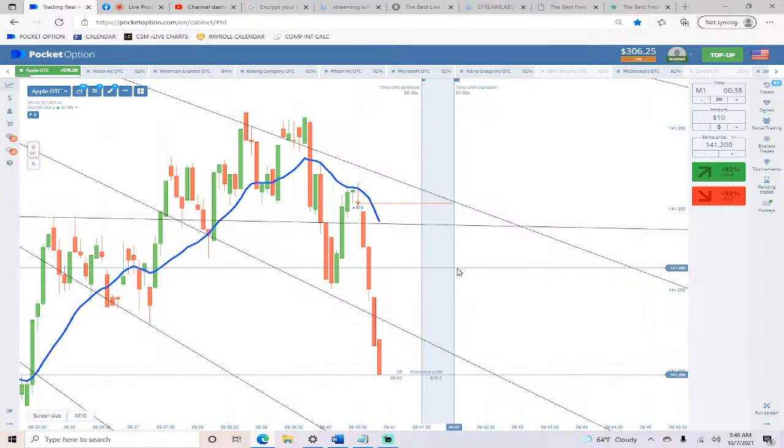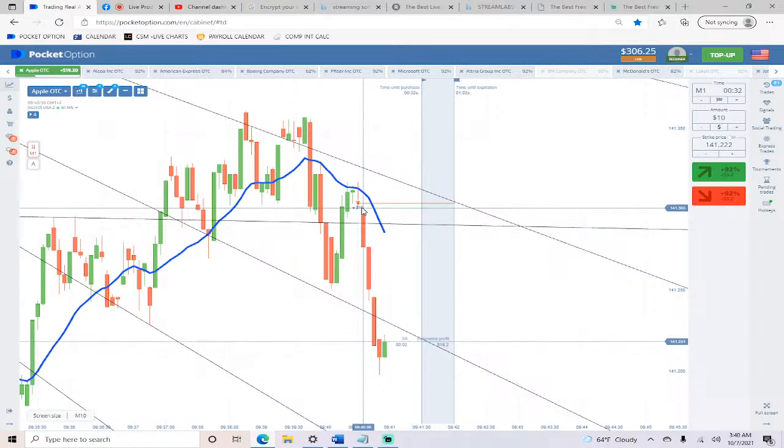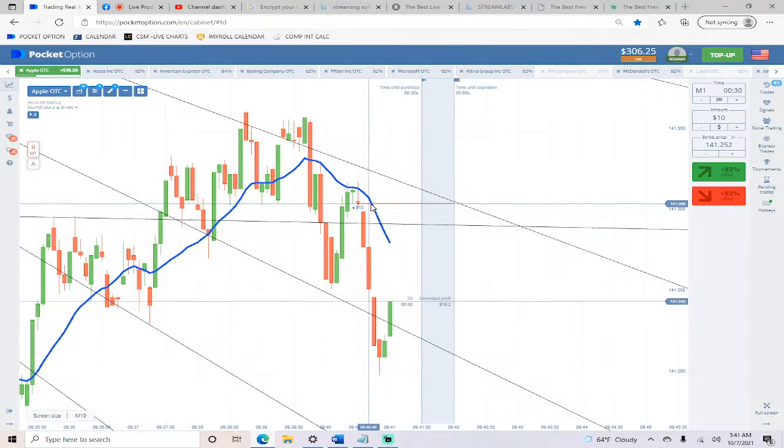Look at that. Look at that. Look at that entry. Right before the big spike.